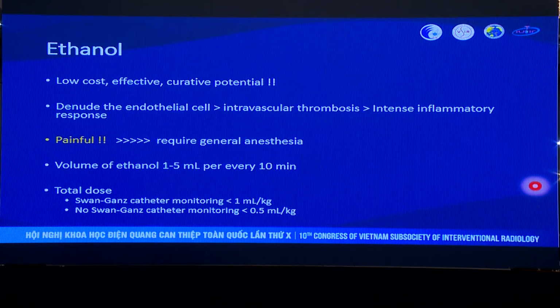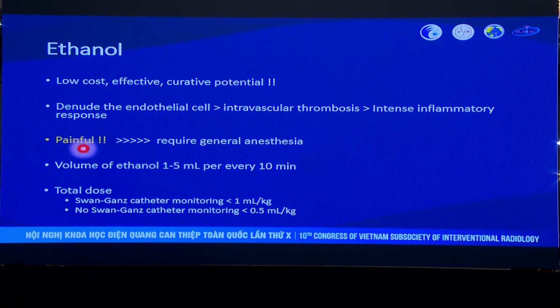However, ethanol is a very dangerous drug, as you know, but it has very effective curative potential. It destroys the endothelial cells, makes intravascular thrombosis, and causes an intensive inflammatory response. So ethanol cannot be used in brain AVM.